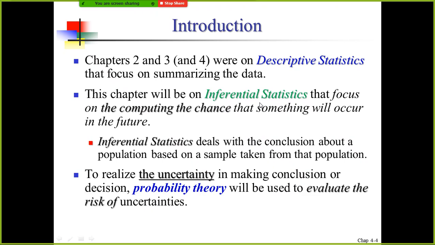To realize the uncertainty: when we base our conclusion on sample results and say something about the population, we always make mistakes or errors. That's why, in order to understand the error or uncertainty in making a conclusion or decision, probability theory will be used to evaluate the risk of uncertainties.